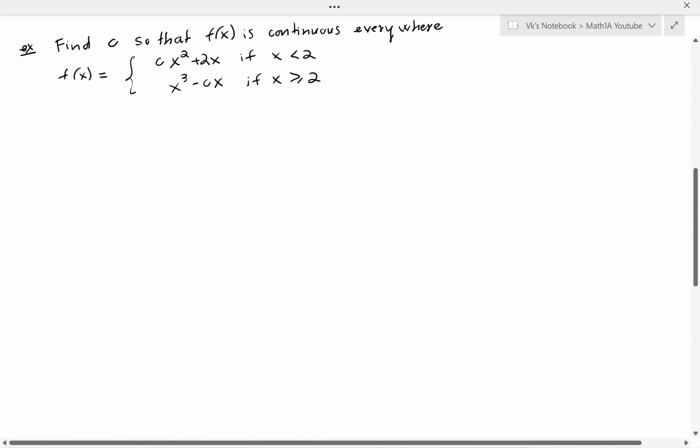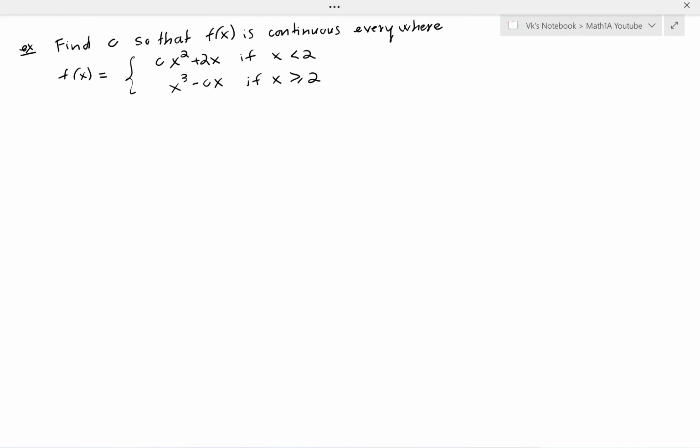Example, find c so that f(x) is continuous everywhere. To do this, we're going to use the definition of continuity. That is, we're going to find the limit as x approaches 2 of f(x), and make sure that it is exactly f(2). Limit as x approaches 2, we have to use the piece where x does not equal 2.